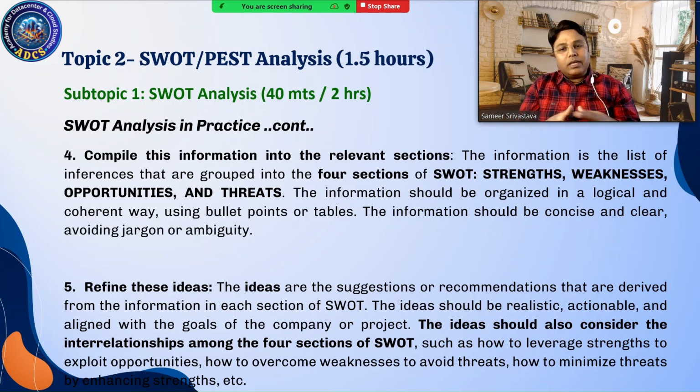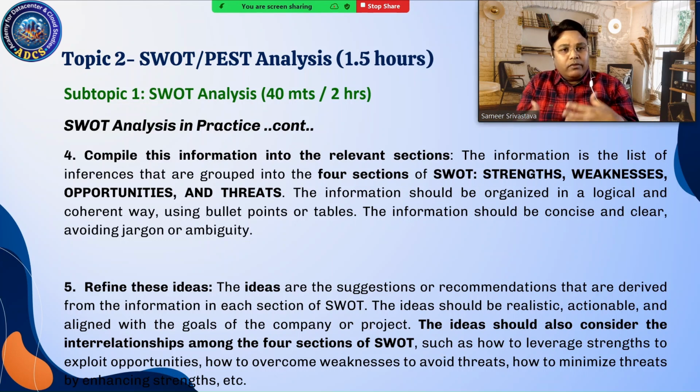Then refine all these ideas, suggestions, or recommendations that are derived from the information in each section of the SWOT. Ideas should be realistic as well as actionable, so that if you know your strengths, you should be able to understand what actions you should take based on the overall scenario. Then ideas should also consider the interrelationship between the strengths, weaknesses, opportunities as well as threats.